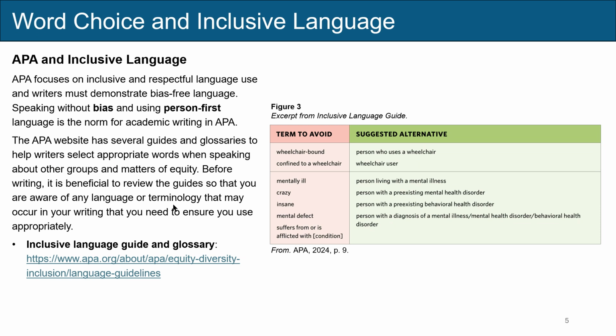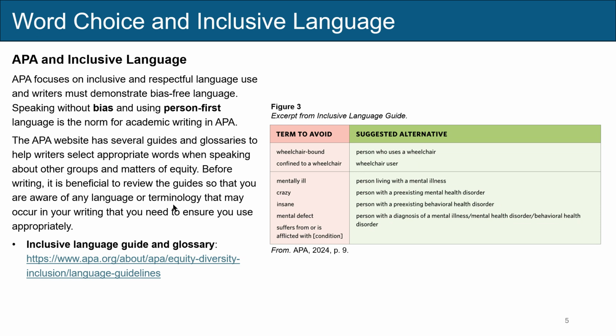So one of the ways we do this is by using person-first language, where we identify the person ahead of any characteristics they have. So instead of saying a disabled person, we would say a person with disabilities.